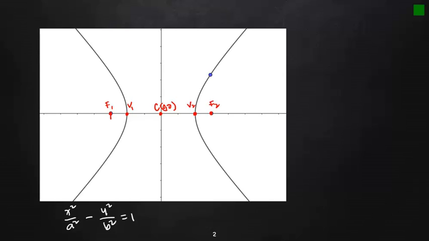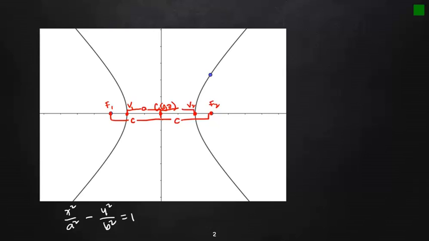From f sub 1 to the center of our hyperbola, the length is c units. So f sub 1 is c units away from the center, and so is f sub 2. While the vertices, vertex 1 is a units away from the center, and so is vertex 2.